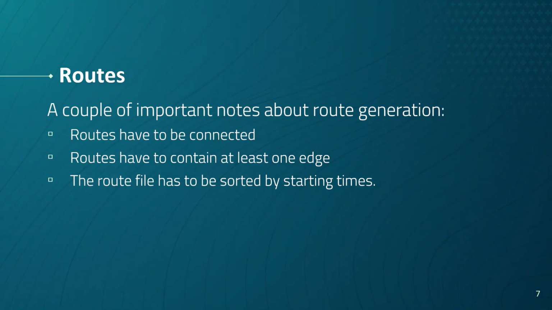But before creating your own route, you should consider a couple of important things. First, routes have to be connected, which means routes should be created with consecutive edges. Second, routes have to contain at least one edge, and finally, the route file has to be sorted by starting time.